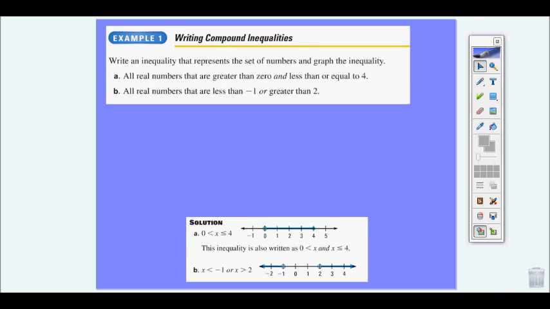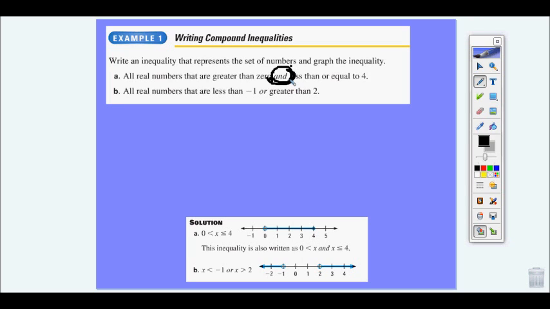So if we're going to write an inequality that represents a set of numbers and graph the inequality, first of all, real numbers that are greater than 0 and less than or equal to 4. Our solution would be, as I have down here on the graph, if it's an and, the graphing will connect 2 points.